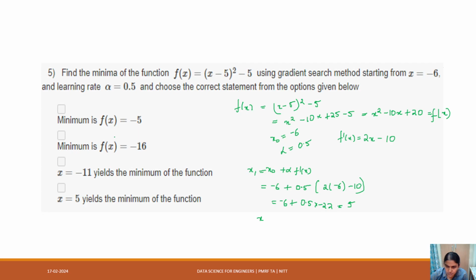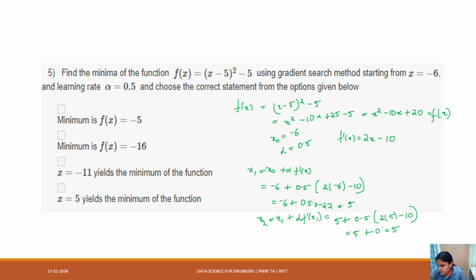So x2 will be x1 plus alpha into f dash of x1, right? So this will be 5, which is x1, plus alpha 0.5 into f dash of x1, that means 2 into 5 minus 10, right? So it will be 5 plus 0, answer is 5.